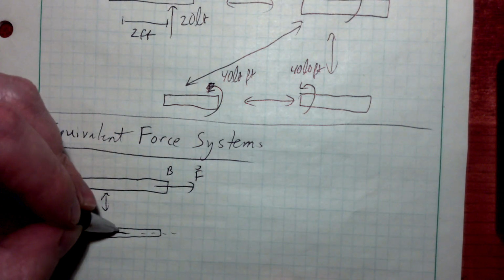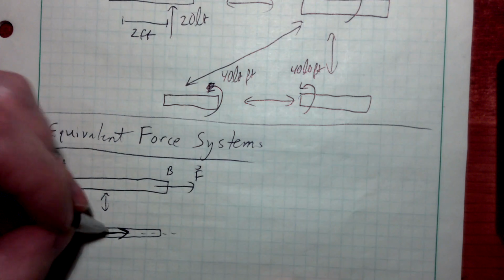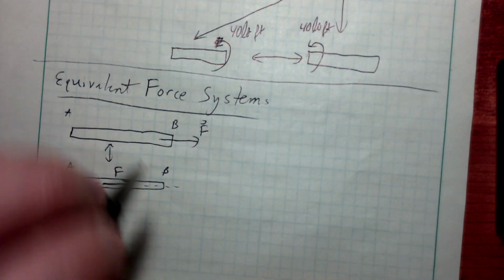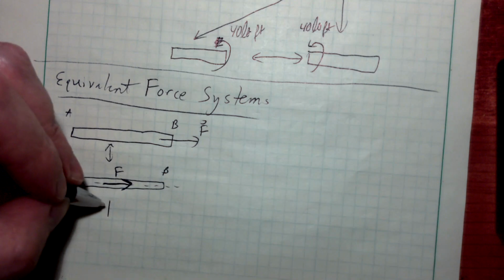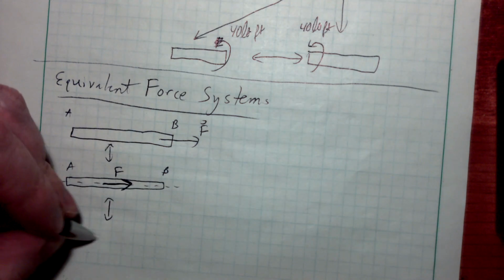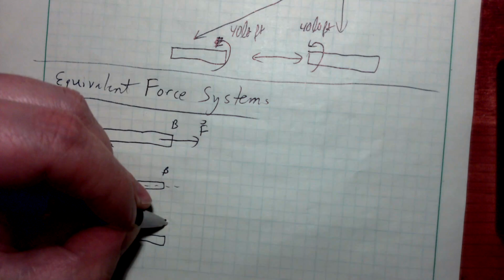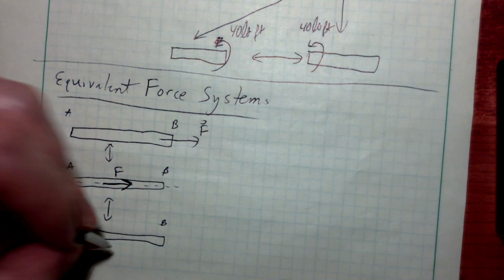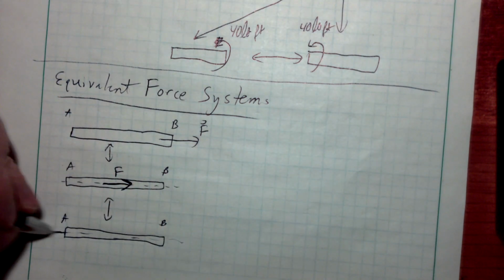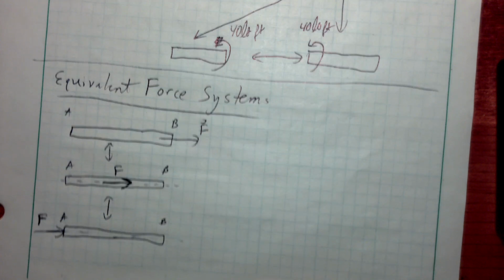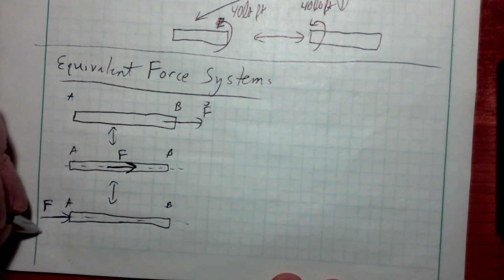So I can apply it right here in the middle, force F along this member AB. I can apply it all the way at the end, all the way out here. Now, if these are all the same, these will have the same effect.